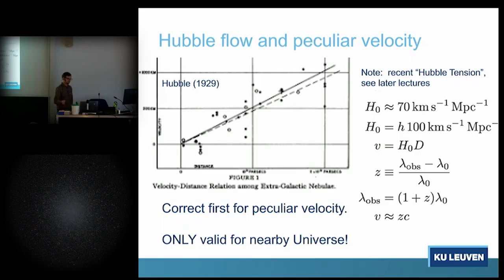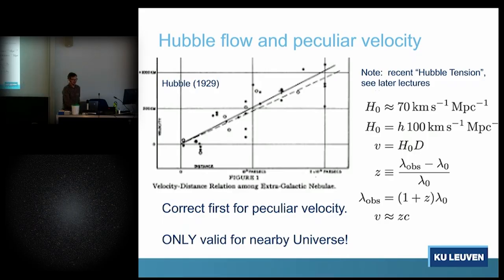Then this local Hubble law with H0 is only valid for our nearby universe. On larger scales, as we'll see, the Hubble parameter H actually changes with time, and that's where the cosmological model comes into play. You need a cosmological model to interpret your observations, the corresponding Hubble diagram, at large distances. And that's also how you can constrain the parameters that go into your cosmological models.